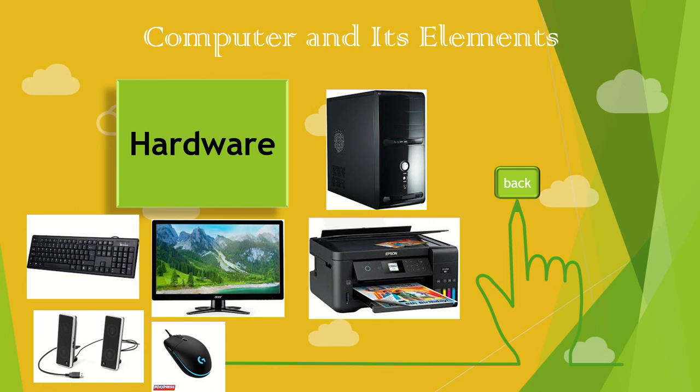The monitor displays the things that you are doing in the computer. We have the keyboard. It is used to type necessary information that will be inputted in your computer. We have also a speaker. A speaker is used so that you can hear the audio in the computer. And we have the mouse.